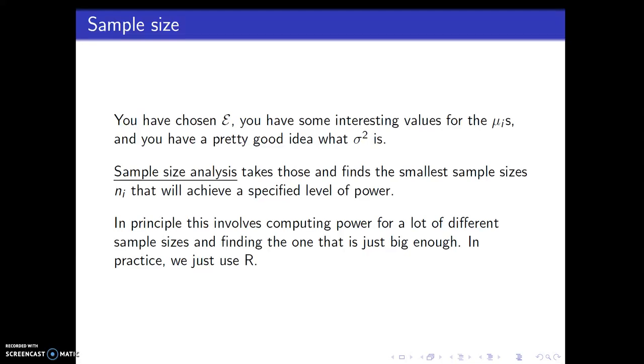Sample size again. Once you've chosen epsilon and you have some ideas about how to handle the means, and you have a pretty good idea about how to guesstimate sigma squared, your sample size analysis takes those values and finds the smallest sample size that you need for each treatment level sample to achieve a specific level of power.